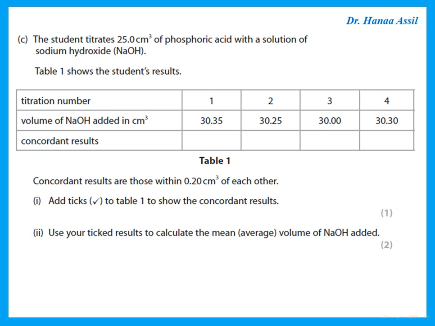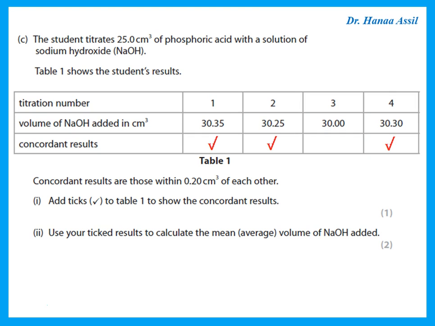So we said when we do titration, and we repeat several times, we choose the ones that have results within 0.2 of each other. So more or less by 0.2, not more than that. So which of these are concordant? 30.35, 30.25, and 30.30. All of these are within 0.2. But the 30.0 is very far away from it.